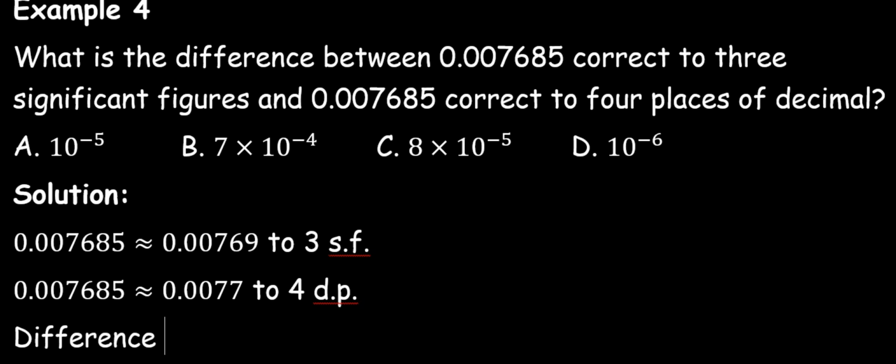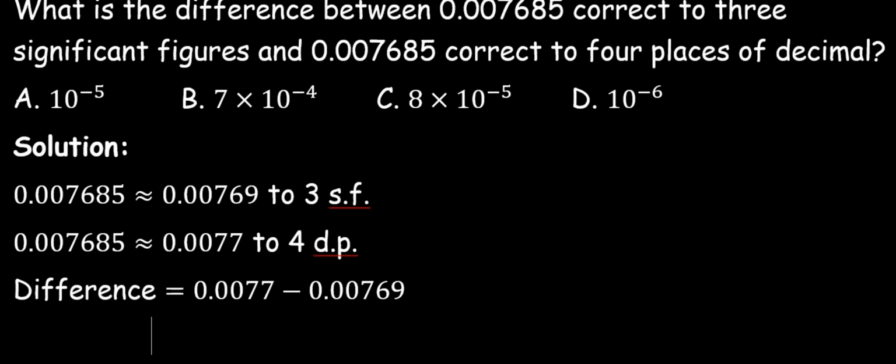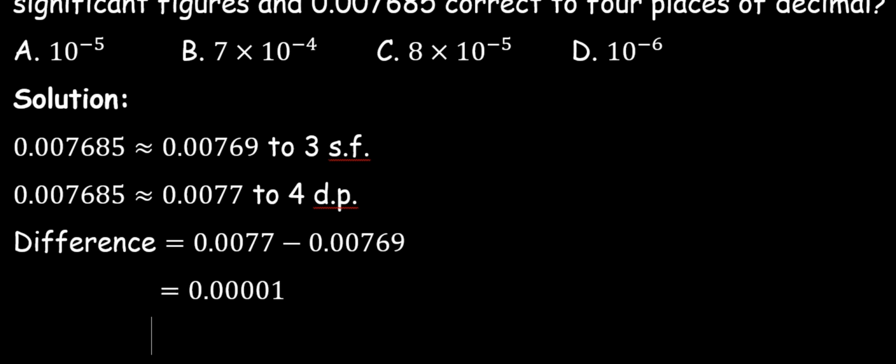Now we subtract, we are doing the difference. That is what we are asked to do. Difference will be equal to 0.0077 minus 0.00769, and that will give us 0.00001, and that is the same as 10 raised to power minus 5.